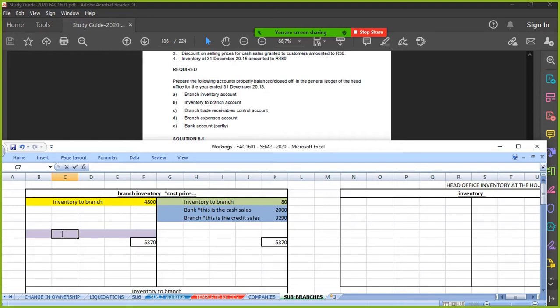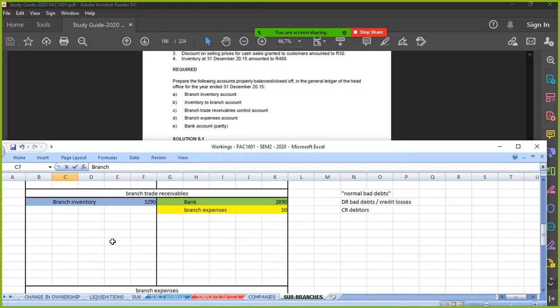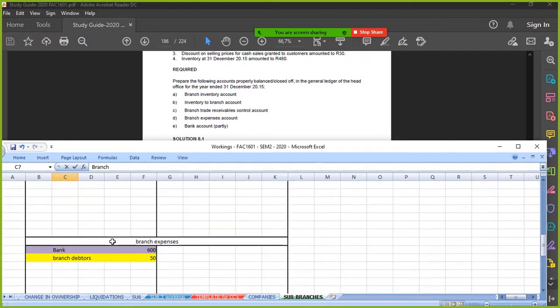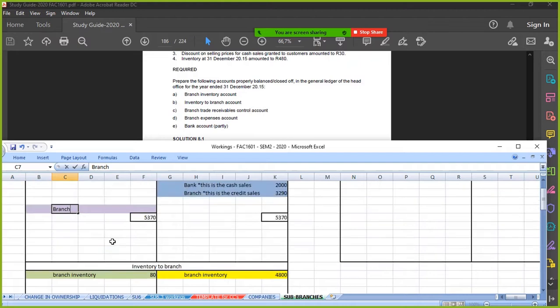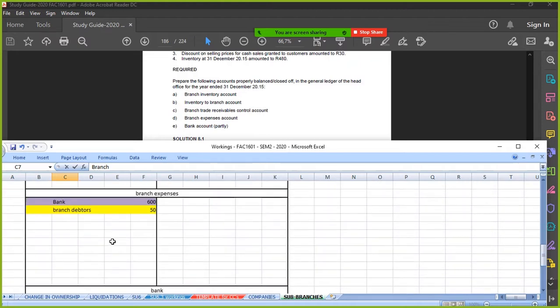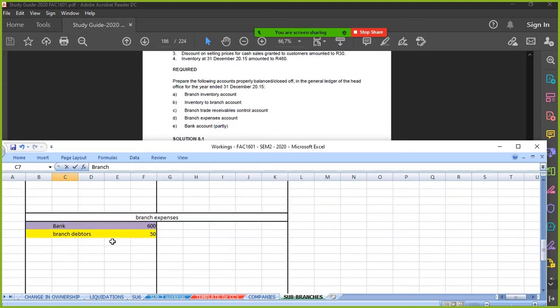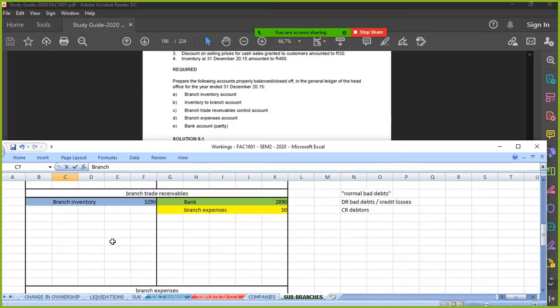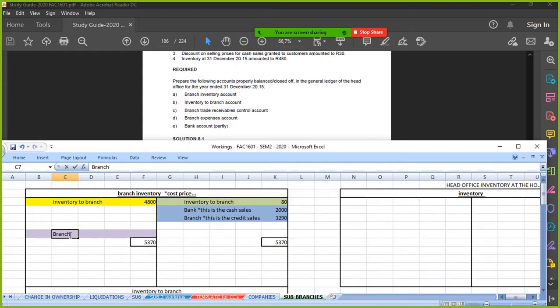This is something that would be taken into consideration when the head office does their calculation for the profit or loss at the branch. This gross profit would be for the branch. Do they have a profit account here? I've got bank, branch expenses, and receivables, and that's it. So if there's no profit account to calculate this, you'd have to offset it against your expenses to work out your net profit. So this would be the branch gross profit.